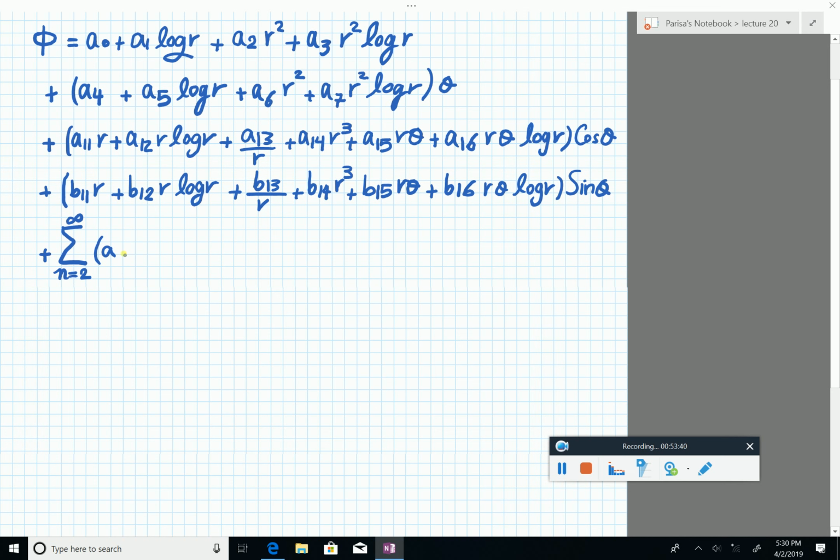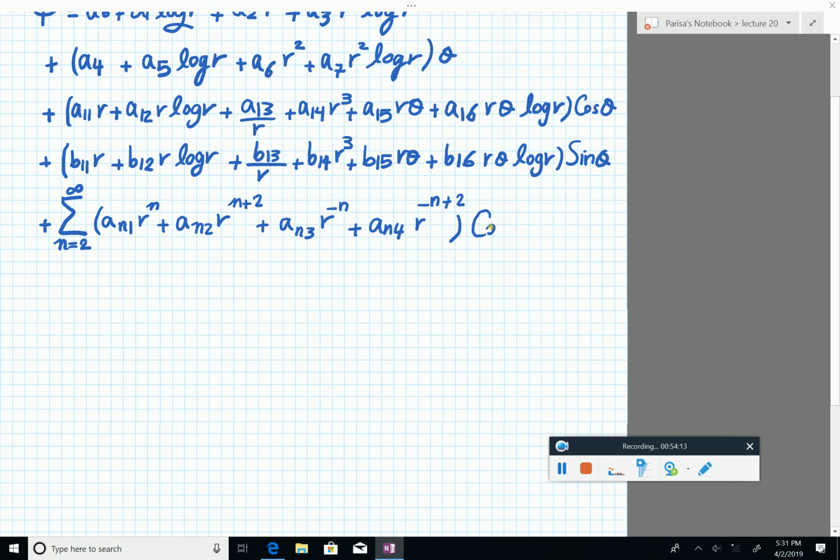A_n1 R^n plus A_n2 R^(n+2) plus A_n3 R^(-n) plus A_n4 R^(-n+2), and this will be multiplied by cosine n theta.